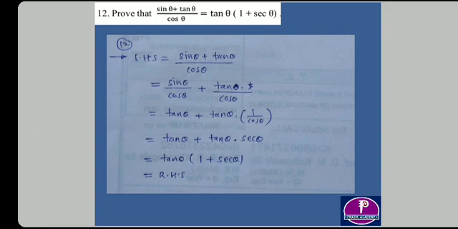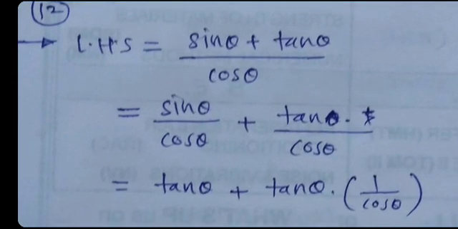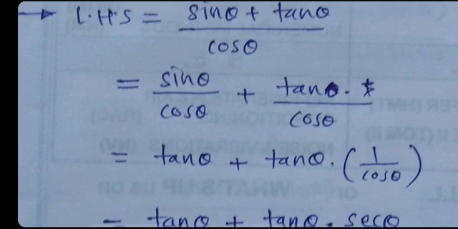Next is, prove that sin theta plus tan theta upon cos theta is equal to tan theta into 1 plus sec theta. So for that purpose, once again we will take LHS. LHS is sin theta plus tan theta upon cos theta. So first separate out two terms, it becomes sin upon cos plus tan upon cos.